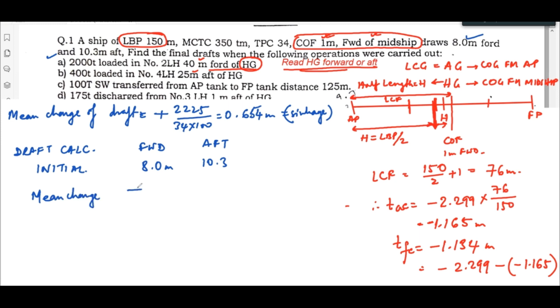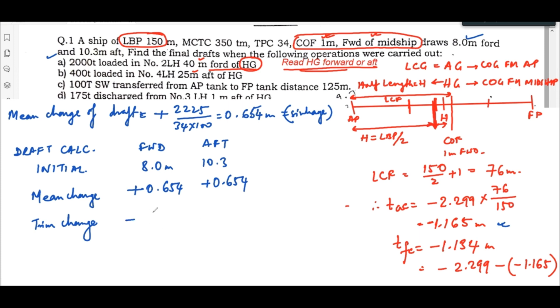Mean change plus trim change. Remember, forward may it is supposed to be plus TF or minus TF. Come back. Minus TF. Sir, minus TF.